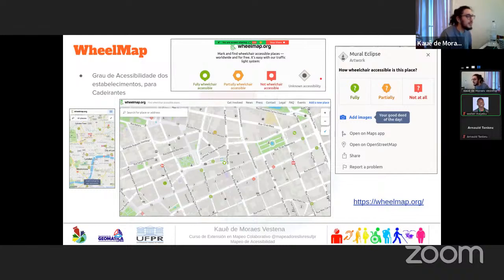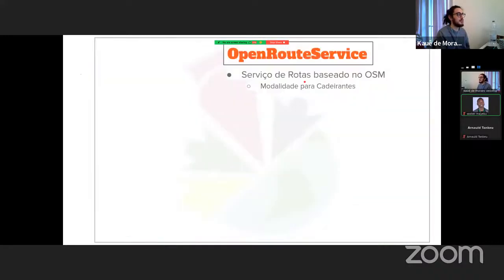We already have some OpenStreetMap based applications that are focused on accessibility. For example, we have Wheelmap, which tells whether a shop or kind of public space can be considered accessible.